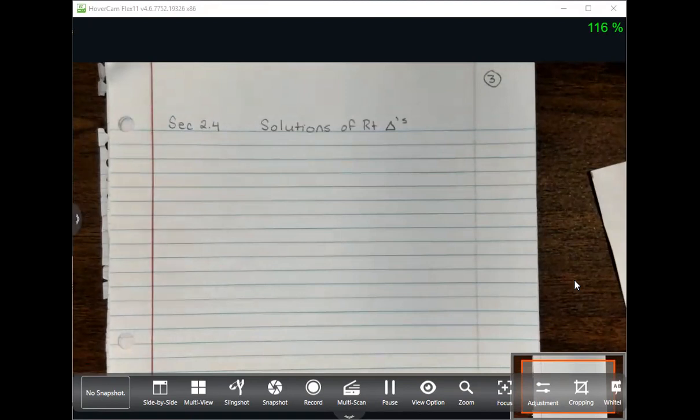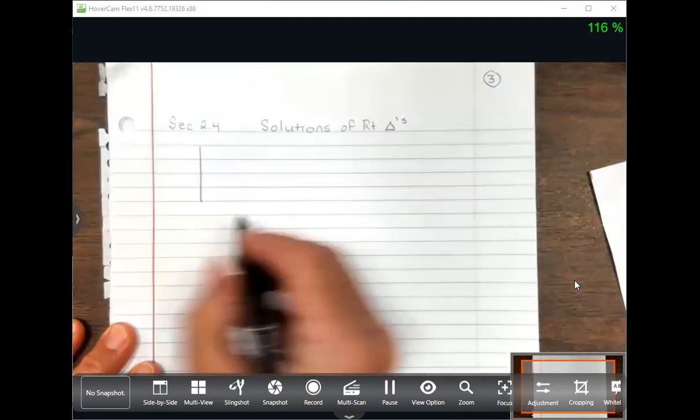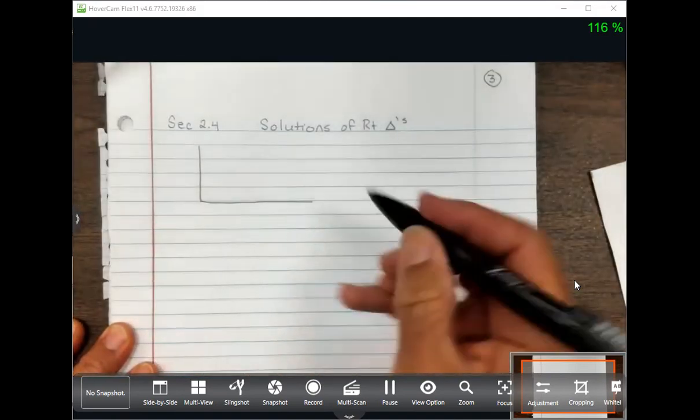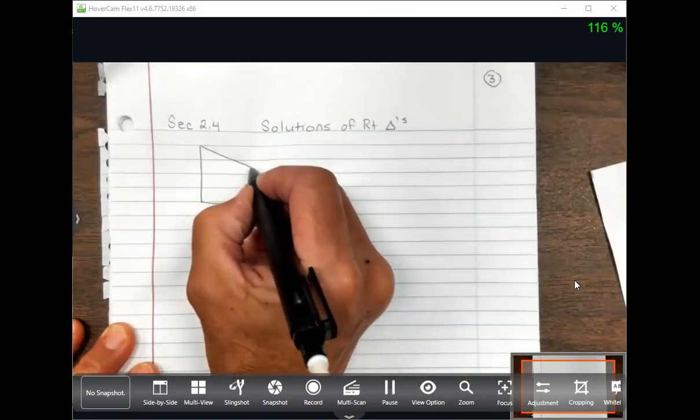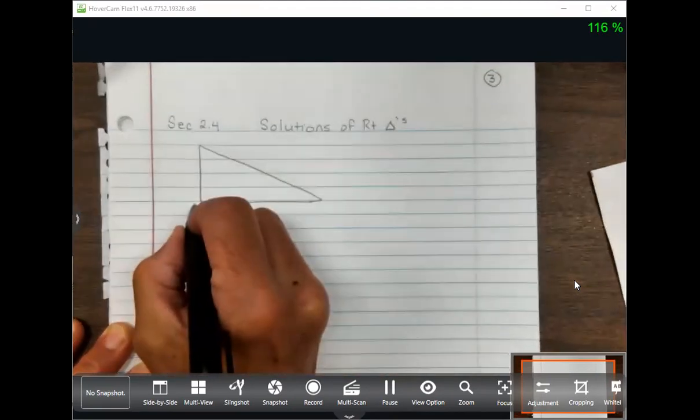So if someone hands you a triangle in which only some of those are filled out and says, solve the triangle, your job is to find values for all 6 pieces. And I'm going to label the triangles like this. I'm going to try to be consistent with the way your book labels them. They always mark the right angle as angle C.